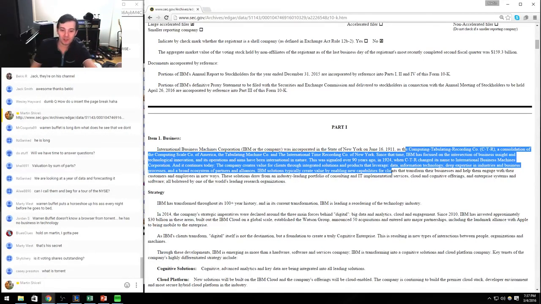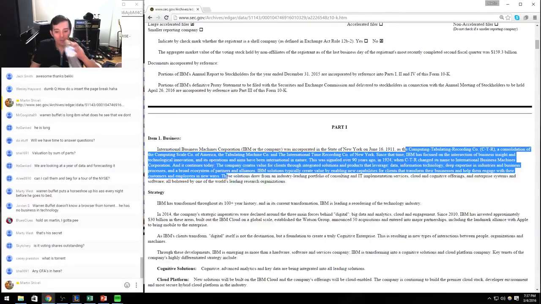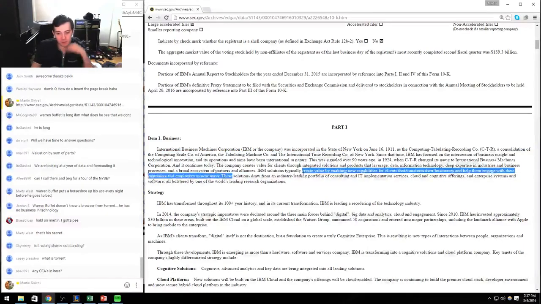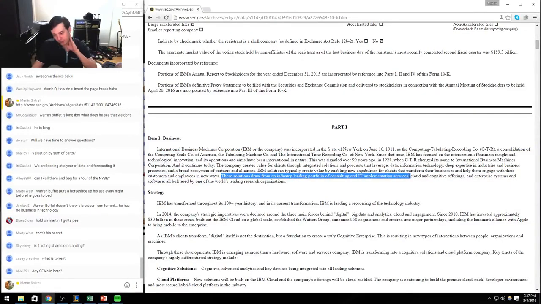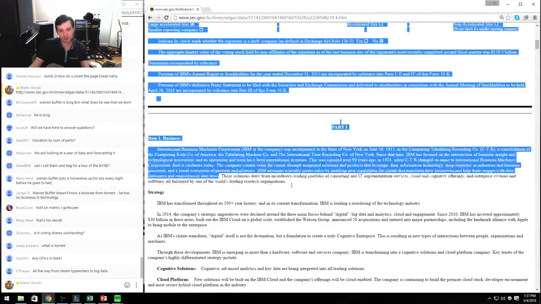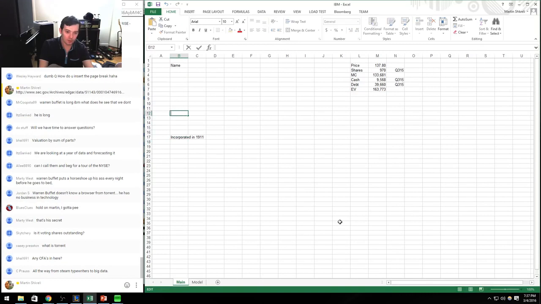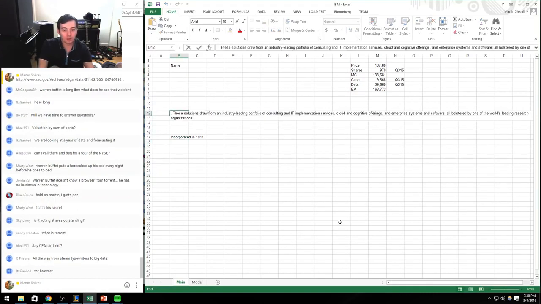A lot of corporate speak here, not very direct. These solutions draw from an industry-leading portfolio of consulting and IT implementation services. This is maybe the only real sentence in this whole paragraph. Industry-leading portfolio, we can remove that. That's corporate speak.